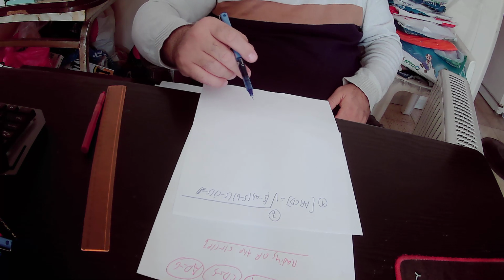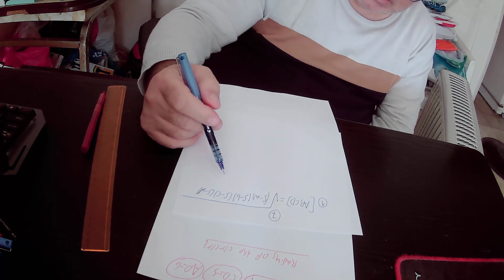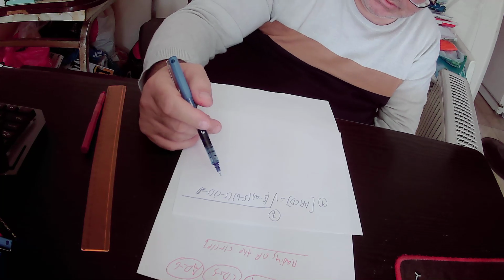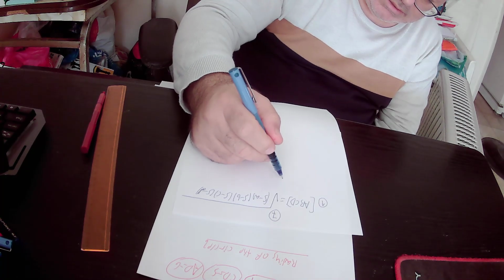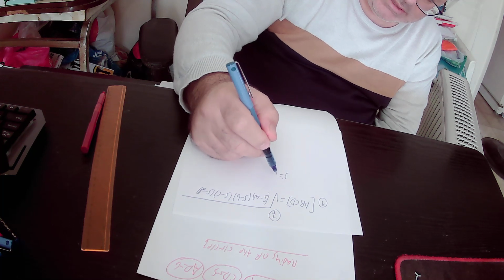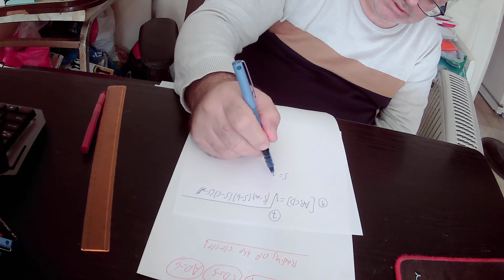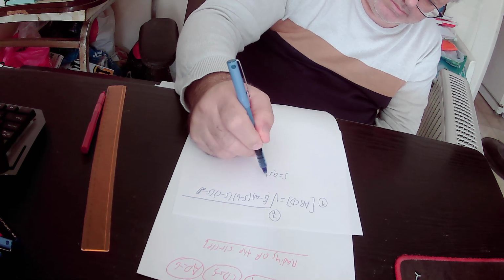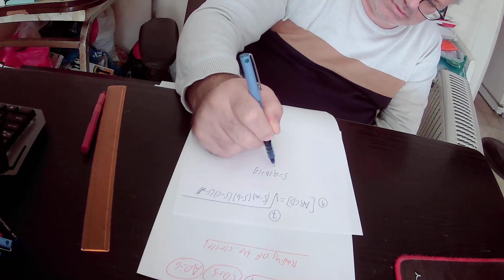So the area of quadrilateral ABCD equals the root of (S minus A) times (S minus B) times (S minus C) times (S minus D), and S equals the semi-perimeter, that is to say A plus B plus C plus D over 2.